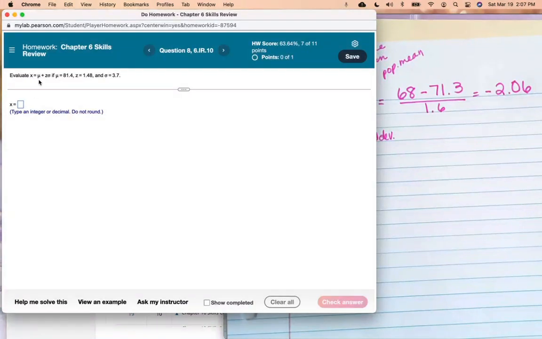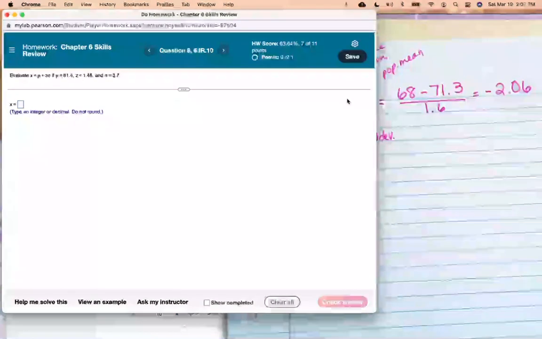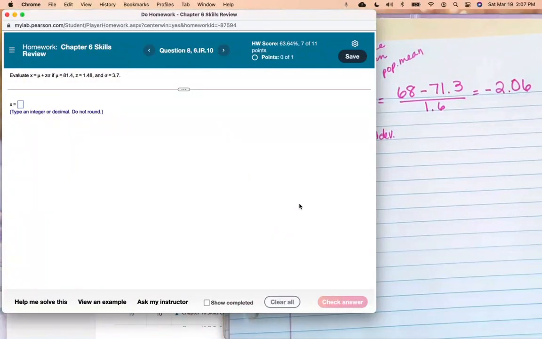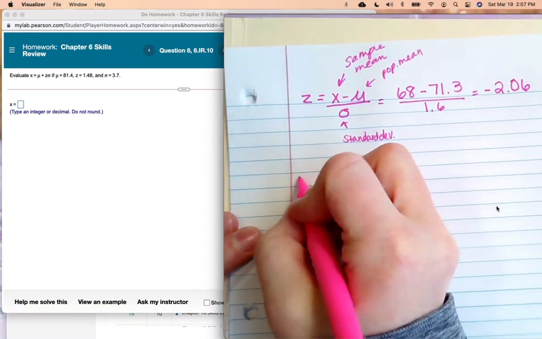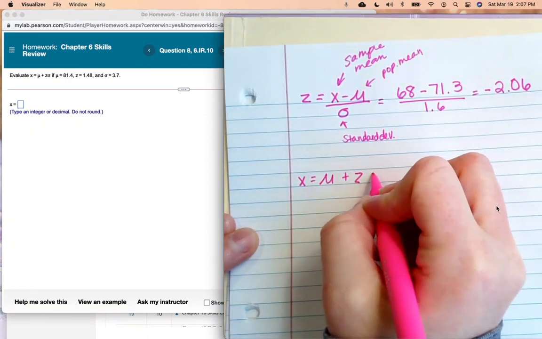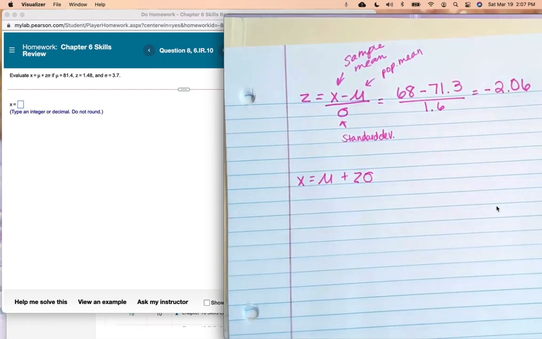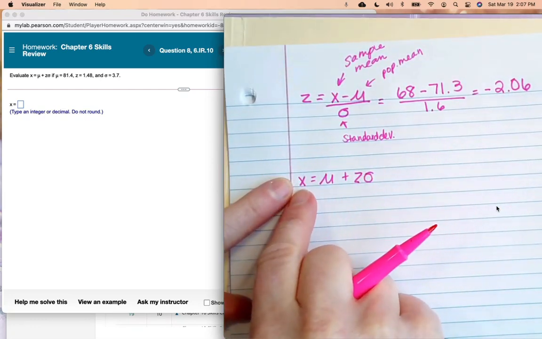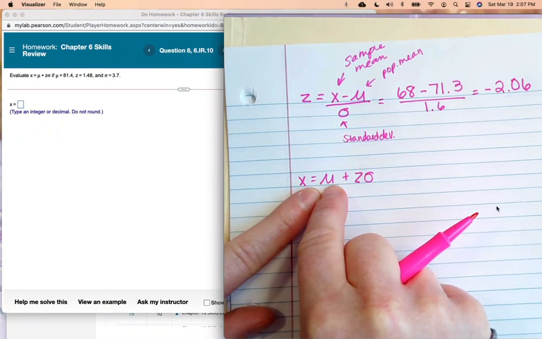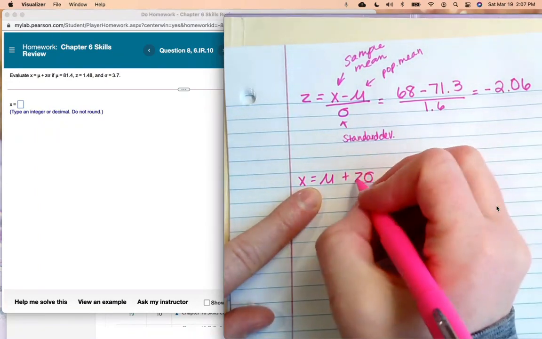All right, the next one is finding what x is if you're given the z-score. Let's write down the formula first. This is finding our sample mean when we have our population mean and our z-score.